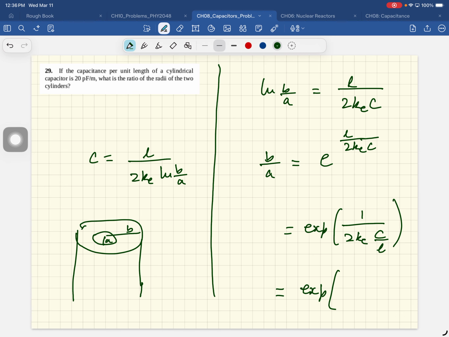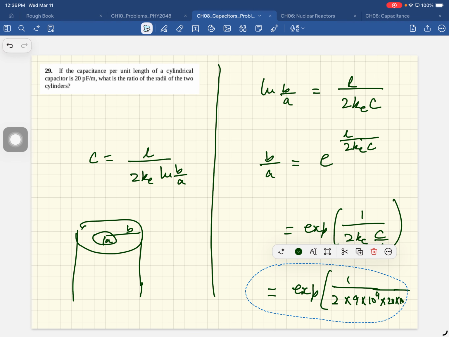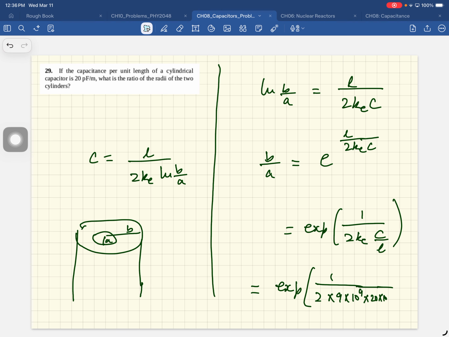Exponential of 1 over 2 k_e C, the Coulomb's constant is 9 times 10 to the 9, and this is 20 picofarads, which is 10 to the minus 12 farads per meter, and I left out the units there.